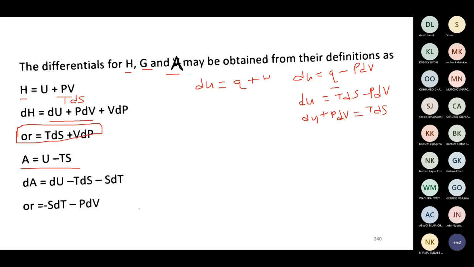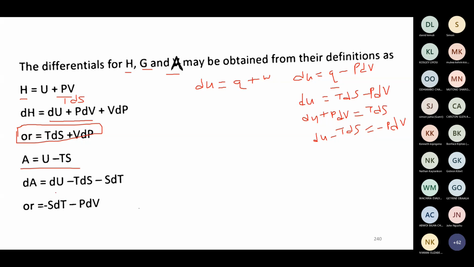From this expression here, dU minus TdS equals minus P dV.